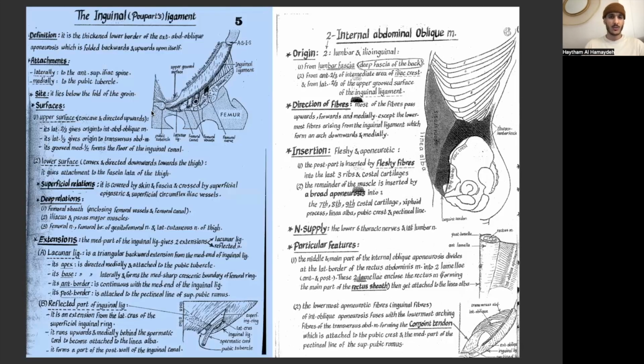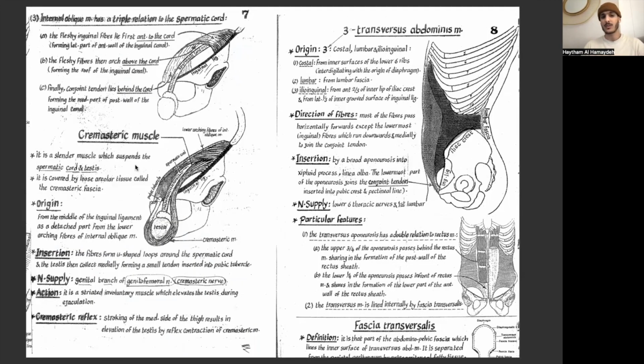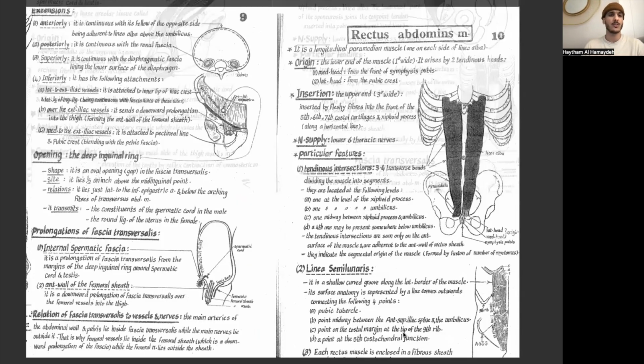There's also some information about the inguinal ligament, and then a bit on the internal oblique muscle. The cremasteric muscle is a muscle that surrounds the testis. Transverse abdominis right here. There's also some information about the fascias that surround those muscles.